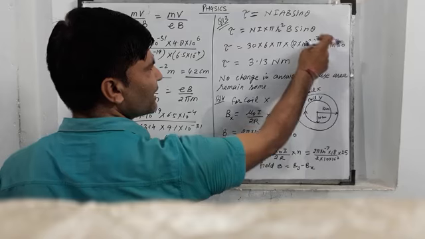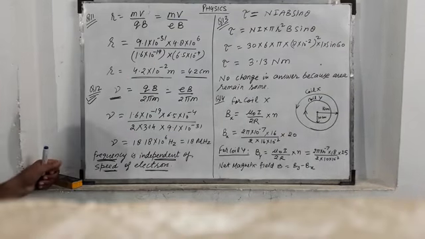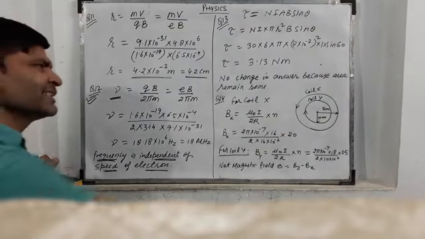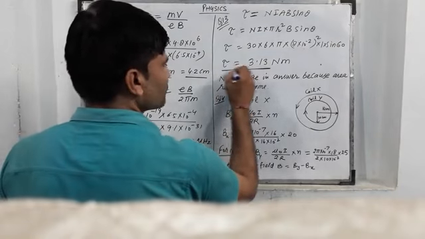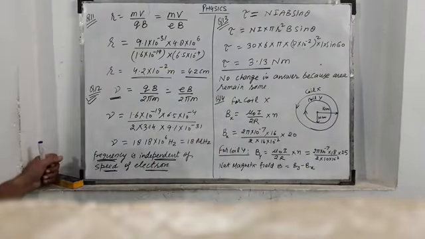Magnetic field is 1 Tesla and the angle is 60 degree. By calculating this, we get torque 3.13 Newton meter.